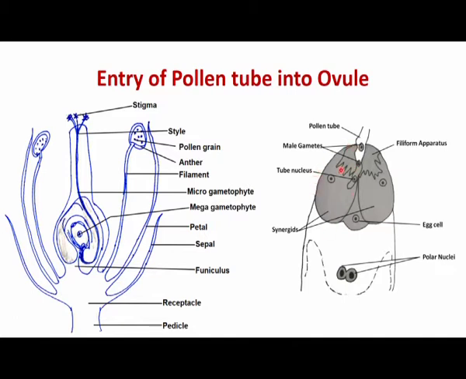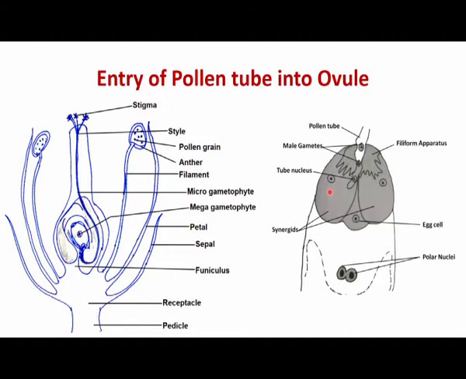The penetrated synergid starts degenerating. As soon as the pollen tube enters into one of the synergids, it starts showing degradation, and after the penetration, the tip of the pollen tube enlarges and ruptures to release the male gametes, two male gametes, and the vegetative nucleus into the synergid.